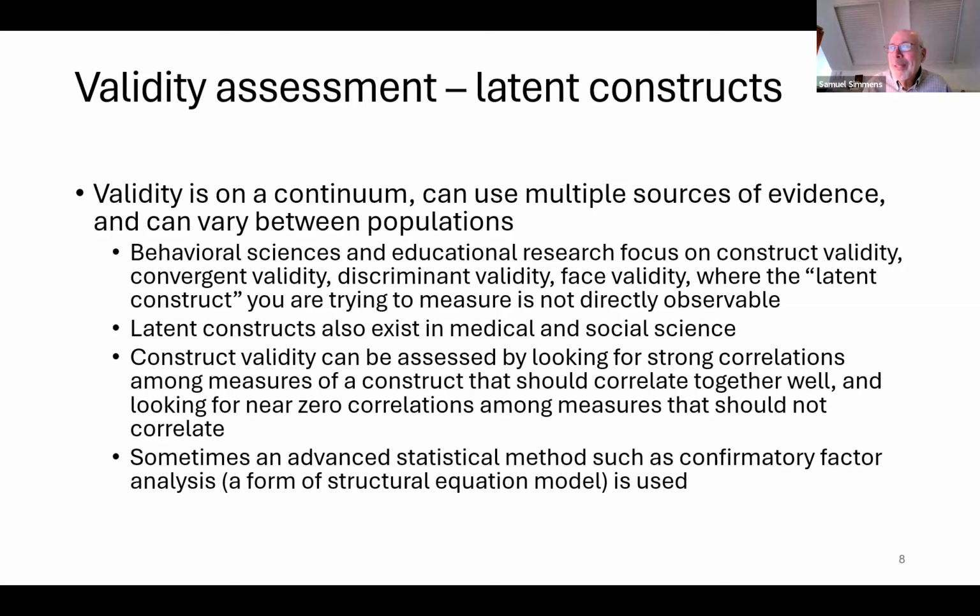So the broad term in the behavioral sciences is construct validity, which essentially means that you'd want to find that concepts that should be correlated together, or measures that should be correlated together theoretically, are in fact correlated, maybe pretty highly.